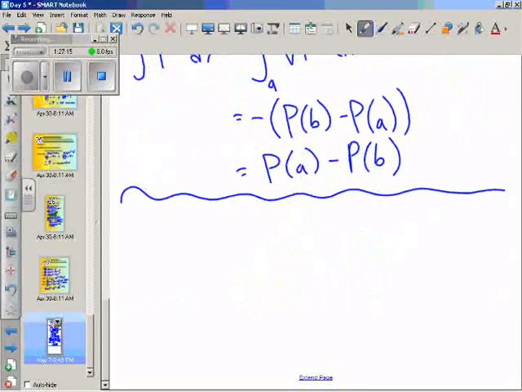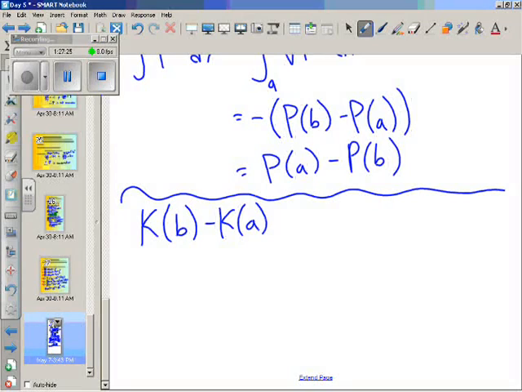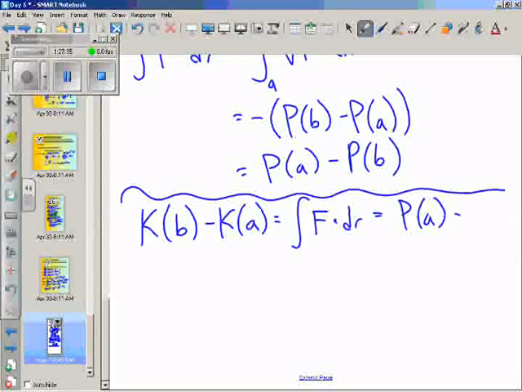So in other words, the gain in kinetic energy is equal to this line integral, and it's also equal to the loss in potential energy.